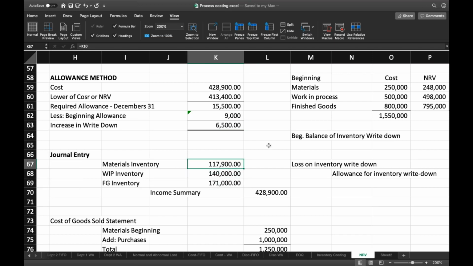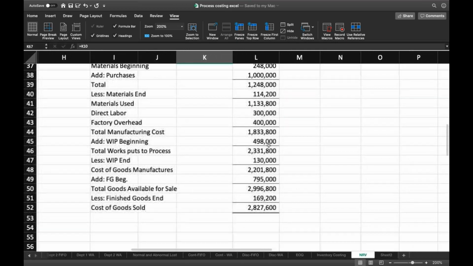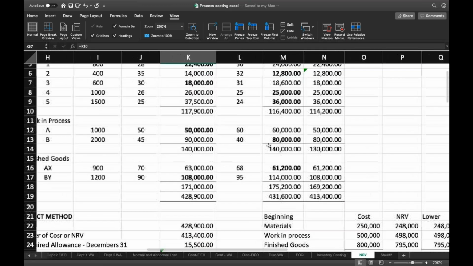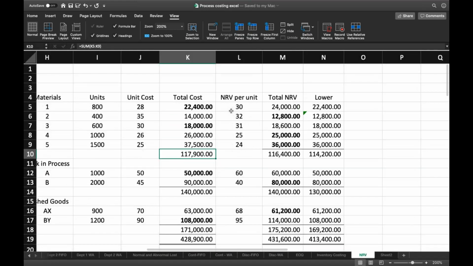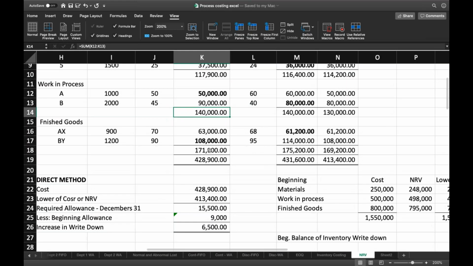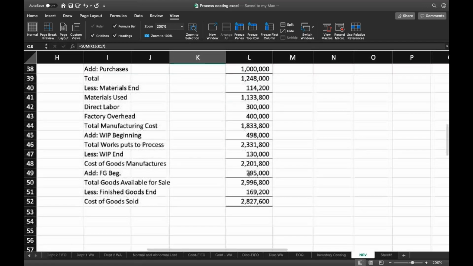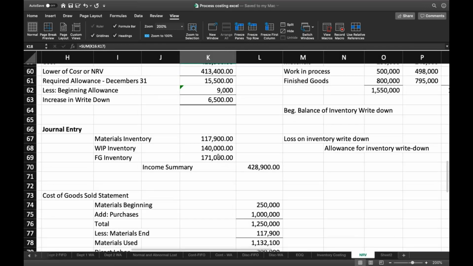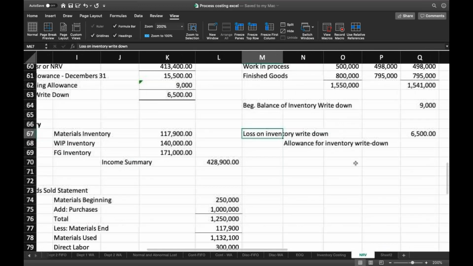Okay, 117,900 is the original cost of materials. Work in process is 140, finished goods is 171.